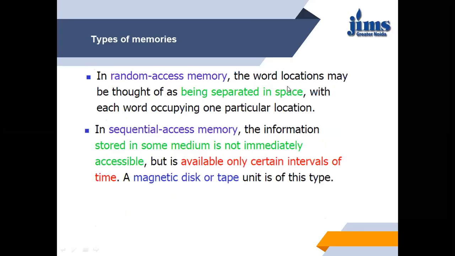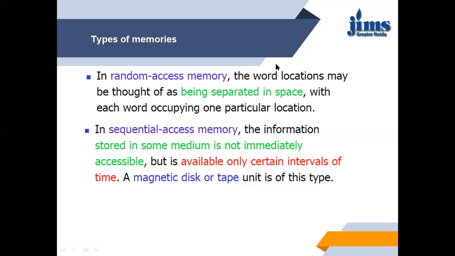Now in random access memory, the word locations may be thought of as being separated in space, with each one occupying one particular location. In random access, we can access any memory location randomly depending upon the input address lines. So if we have to go to location 1023, we can directly go to 1023.